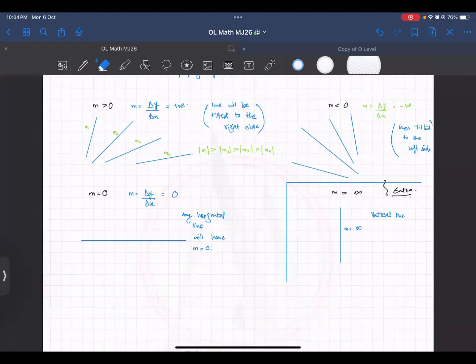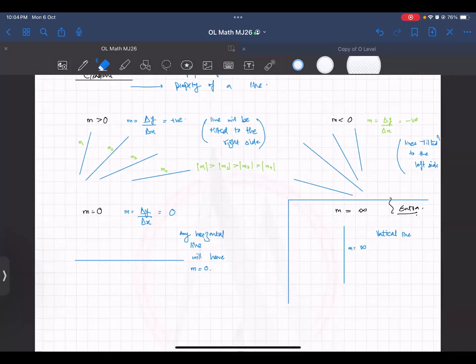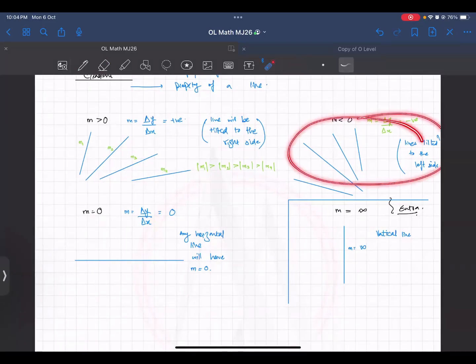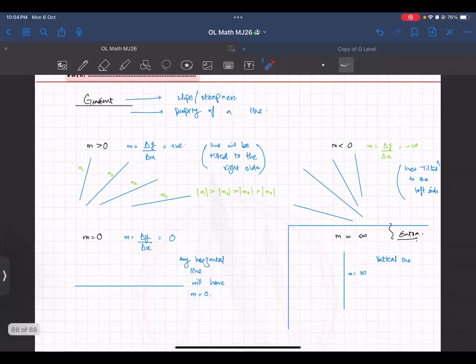Okay, so a vertical line will have a gradient of infinity, but this is just for knowledge. This part is important for you. If you understand this thing, your life will get easier. Just by looking at any line that the examiner gives you on the graphs in the question paper, or if you have the gradient value, you have a picture in your mind of where the line should go. Will it be tilted to the right side?